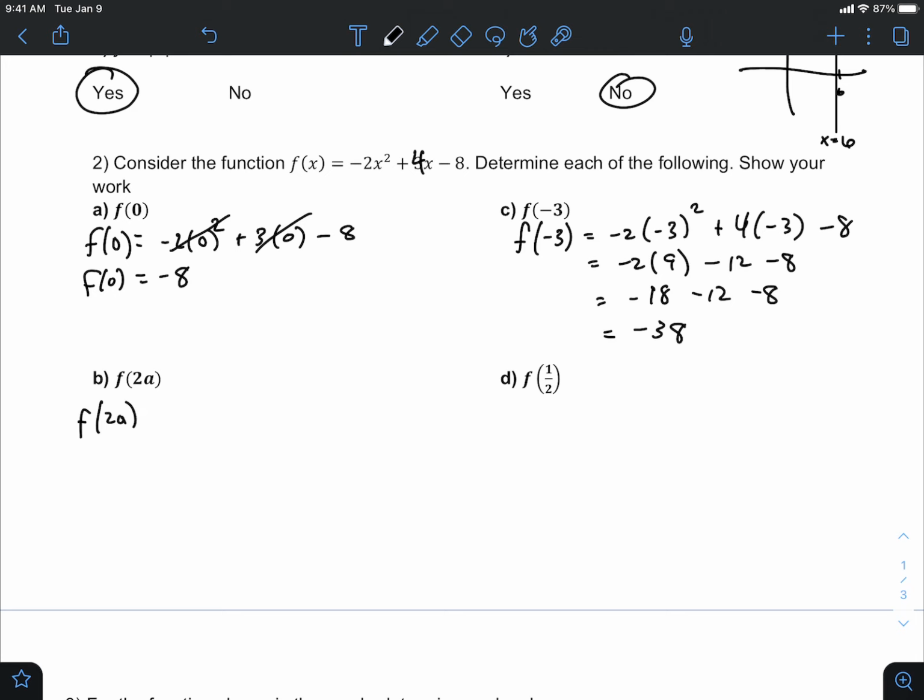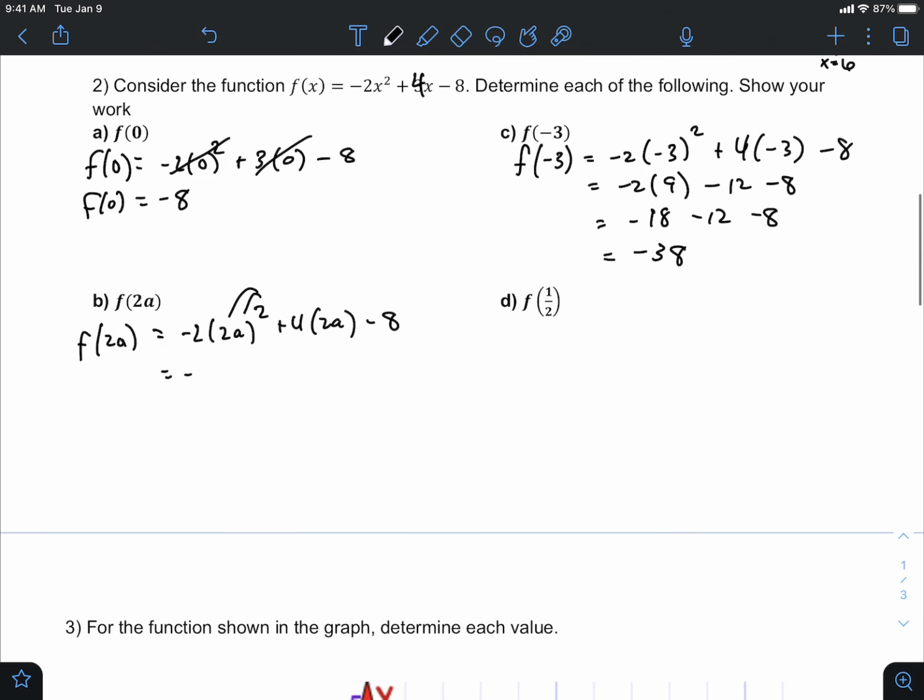F of 2a is going to be -2 times 2a squared plus 4 times 2a minus 8. Now you would have done, because I did it with my grade 9s, some exponent law or power law stuff, right? That squared has to go onto both things inside of that bracket. So we're going to get -2 times 4a squared.